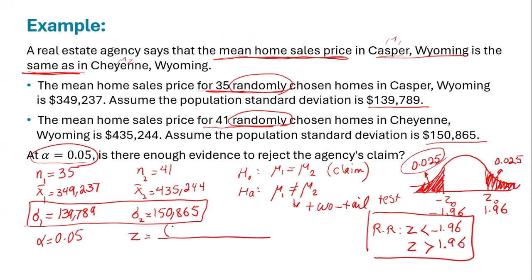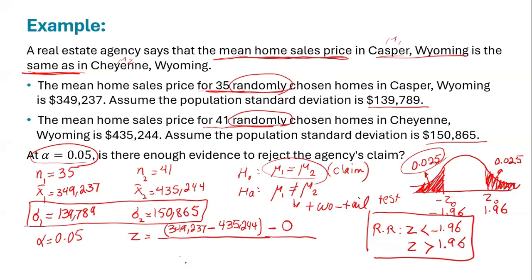I have x bar 1, and I don't have enough space to write both of the formulas, so I just replace the numbers here. x bar 1 minus x bar 2, minus mu1 minus mu2, which is always 0, because we assume that mu1 is equal to mu2.